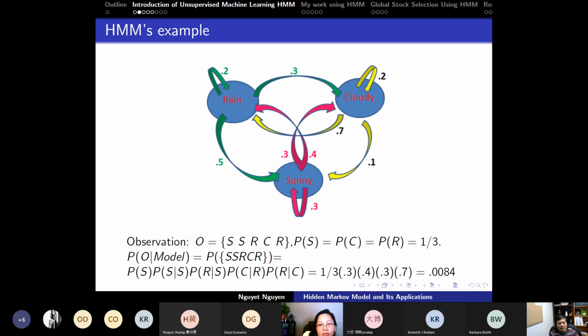In my trading application, we have many different economic indicators, and we need to see which one has the highest weight on the performance of the stock. So we do this too. But the suggestion is that we may use another model to find the best factors first, and then use the hidden Markov model later.